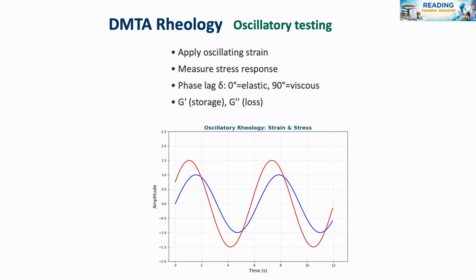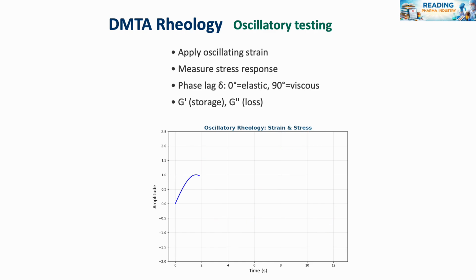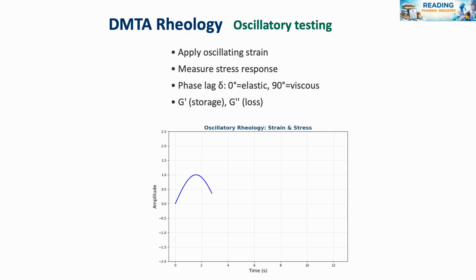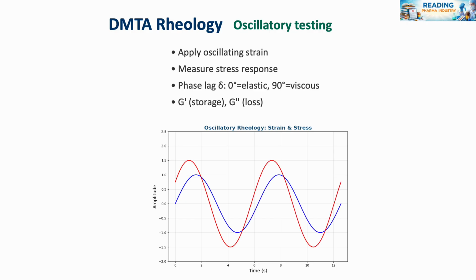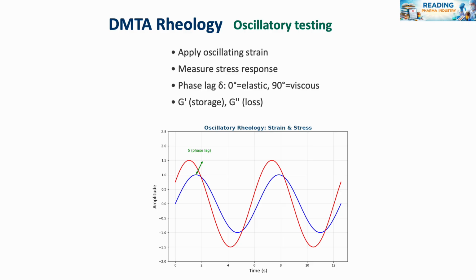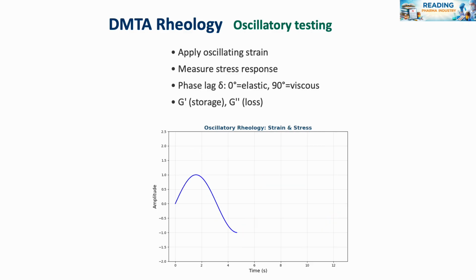The phase lag delta tells you the balance. 0 degrees means elastic, and 90 degrees means viscous. G prime, the storage modulus, represents the elastic behavior. G double prime, the loss modulus, represents the viscous behavior. And this is how we characterize materials like polymers, gels, and semi-solids.